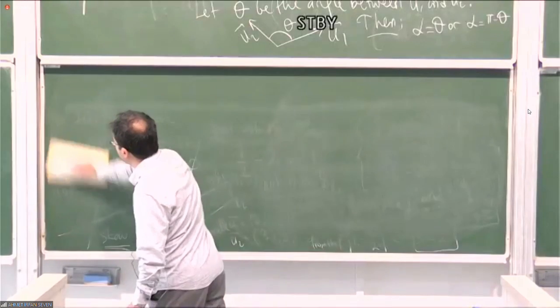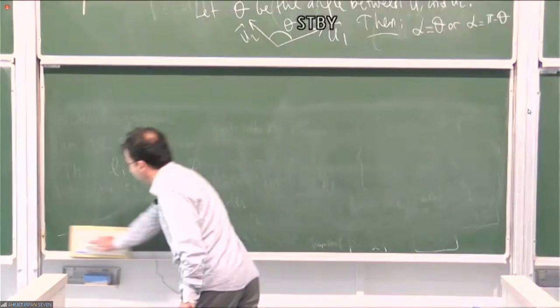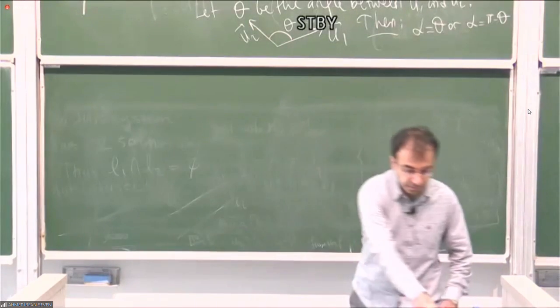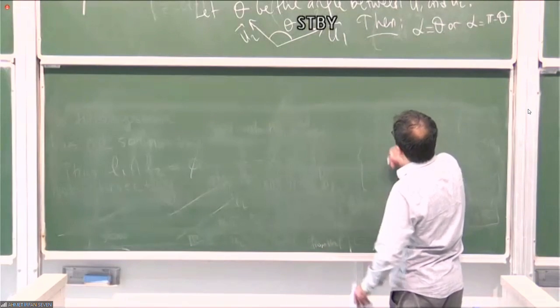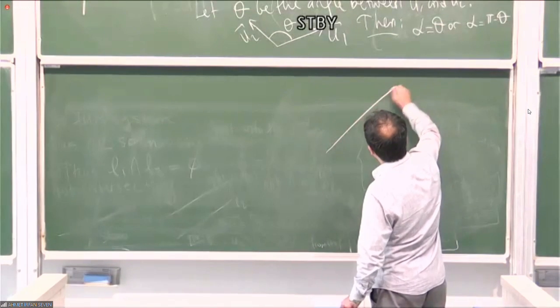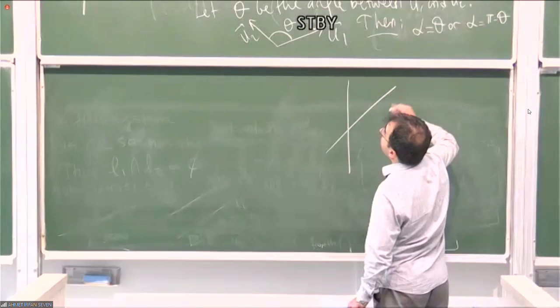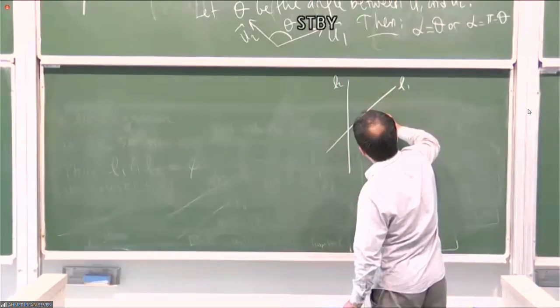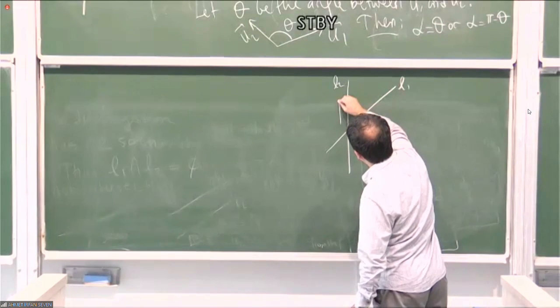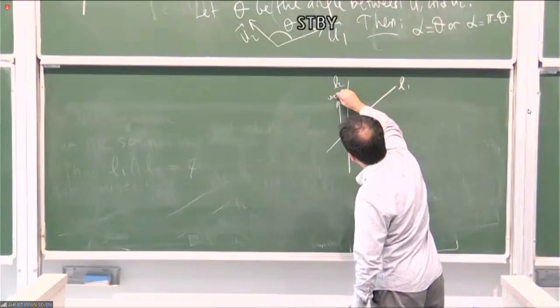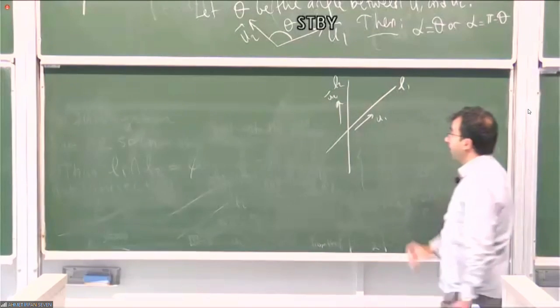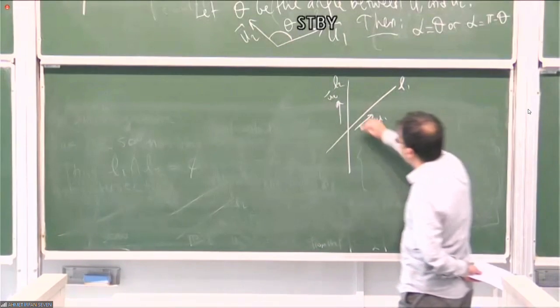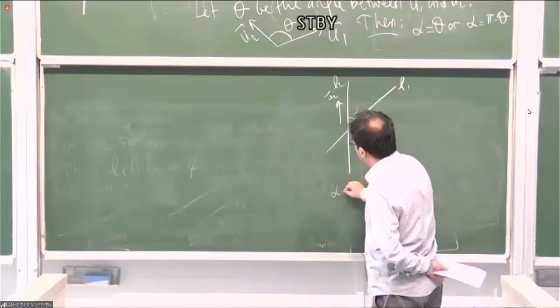Because of the following. If our picture is like that, this is L1, this is L2, and U1 and U2 are like that, then in this picture you see alpha and theta are the same. Alpha equals theta.